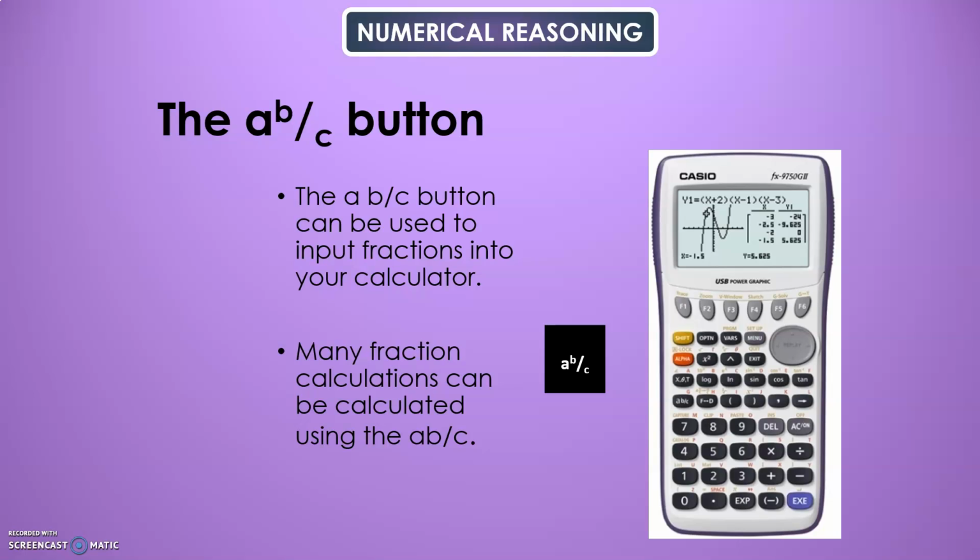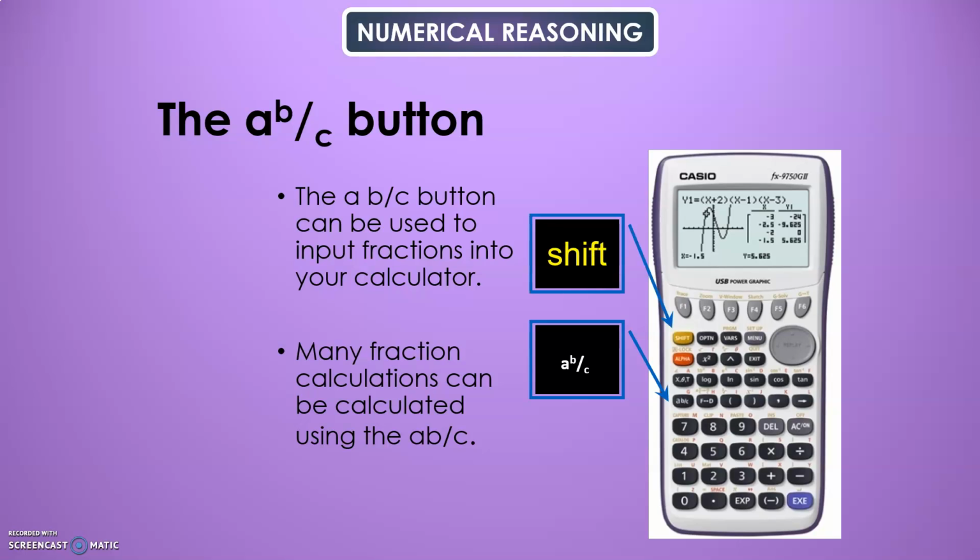In some ways it is a little bit quicker and easier to use than the double box button, but it doesn't look natural, so you have to be familiar with what you're looking at. It's located here, and the other thing is shift, which again we're going to have to use some of those functions at the top as well.